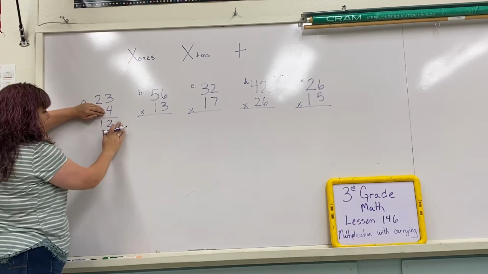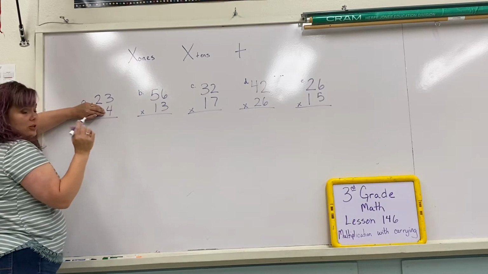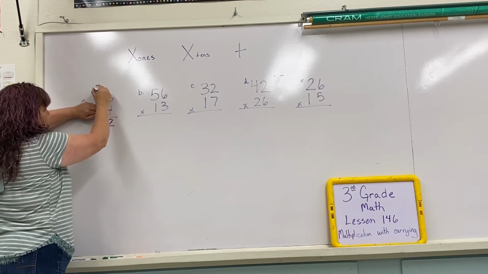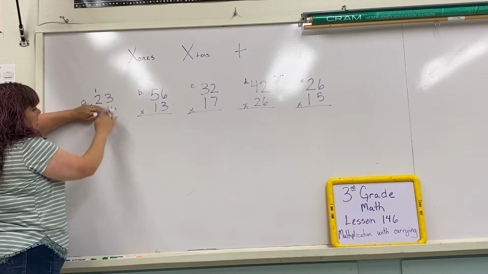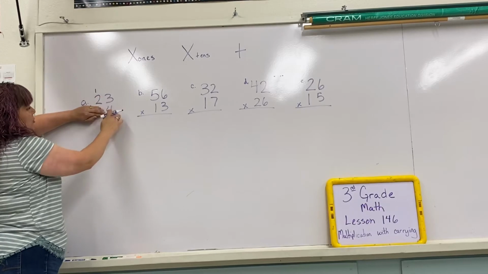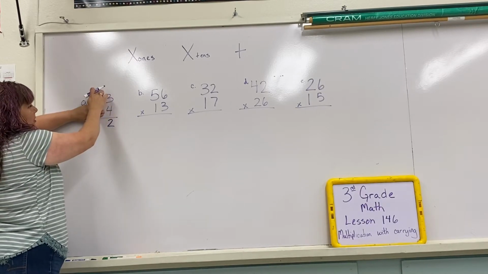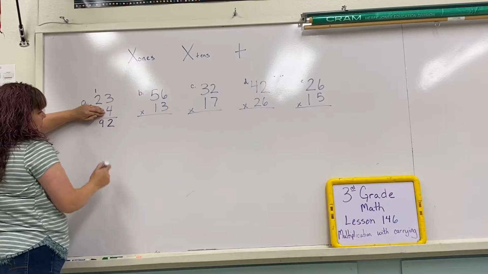That's not right, right? We learned way back in 2nd grade that you have to put the 10 up here because the 10 belongs in the tens place, okay? So we've got 12. Now we have 2 times 4. 2 times 4 is 8. But we have to add this other 10 to it. 8 plus 1 is 9, right?